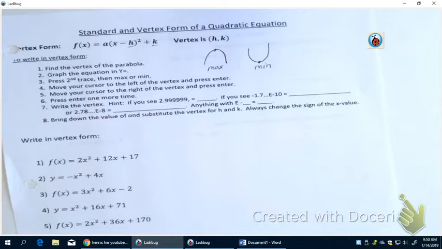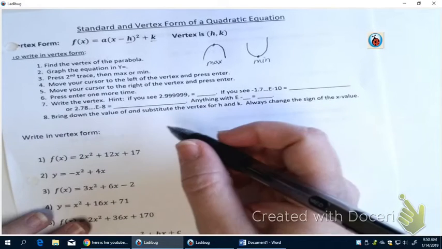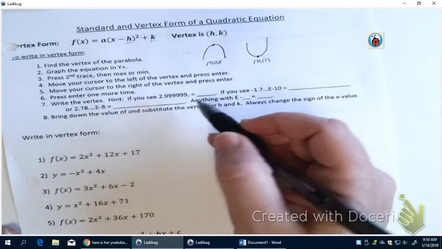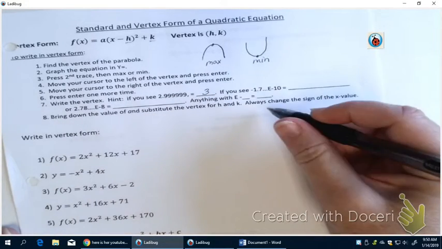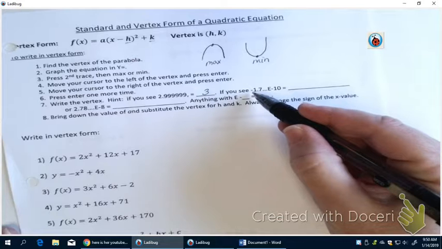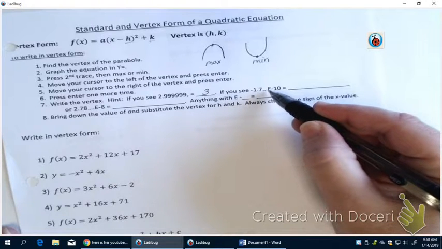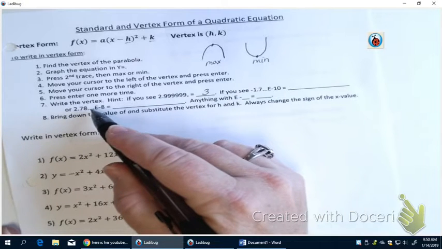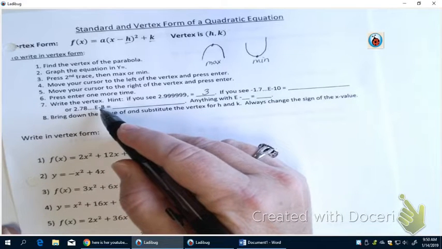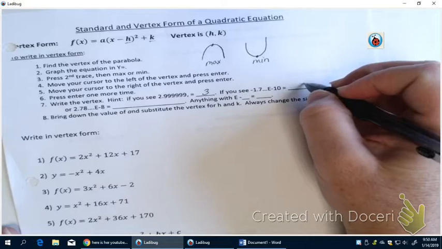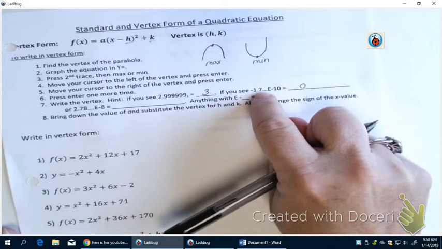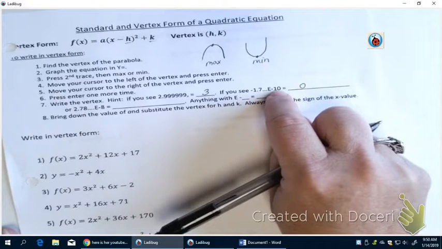Now, when it shows you the vertex, sometimes it won't round it correctly, but 2.999, you're going to round that to 3. If you see something like negative 1.7 e to the negative 10, or 2.78 e to the negative 8, this is going to stand for 0 because it means 1.7 with 10 zeros in front of it.